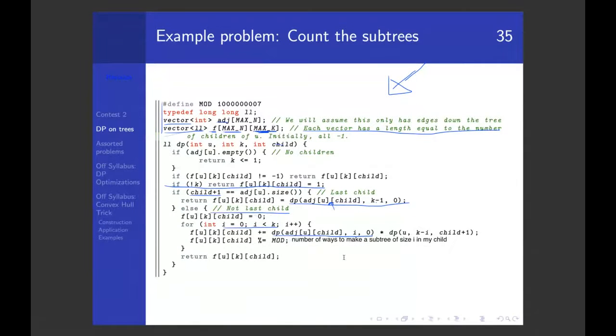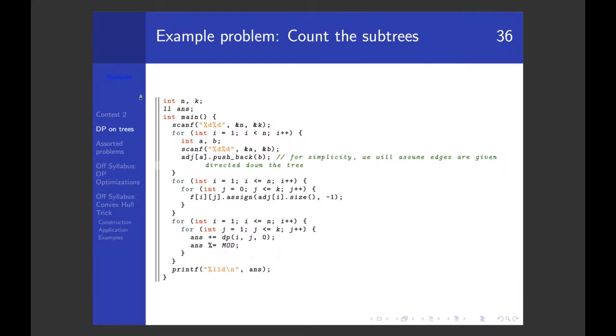That's the first thing here. And this here is the number of ways to make a subtree of size k take i for the remaining children. That is identical to 2 slides ago. Let's return the answer. Okay. Any questions about this?